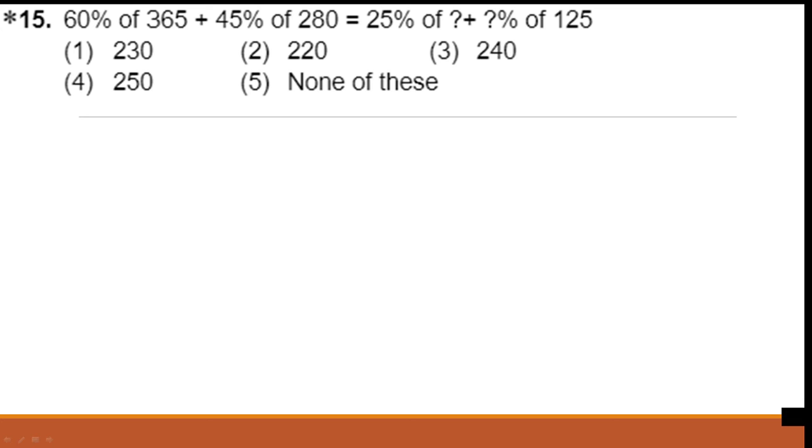60% of 365. What is 60% of 365? So we'll write 60 by 100 into 365 plus 45% of 280, 45 by 100 into 280, that is equal to 25%, means 20 by 100 of x. This is what we need to find. So that's why I'm taking it as x unknown, right?